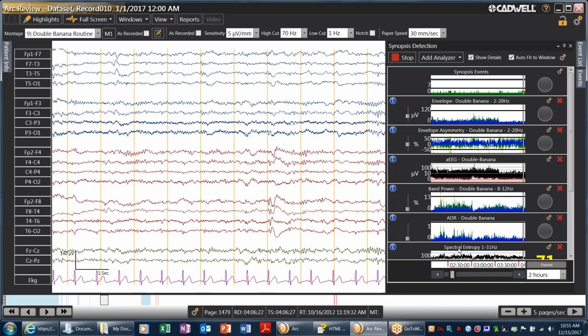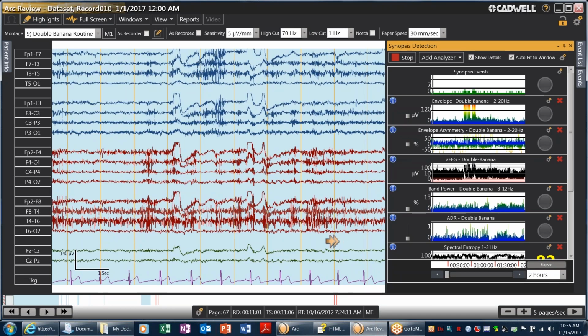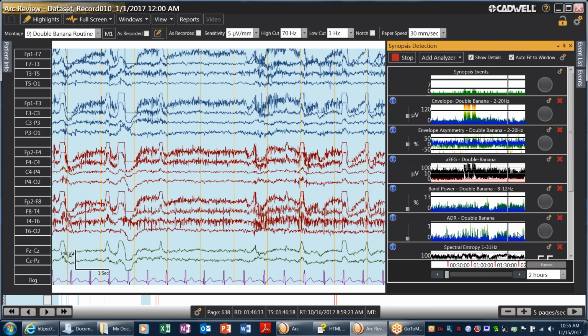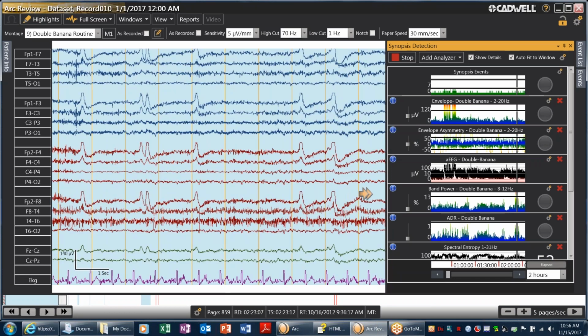So here's the seizure that we knew was in this file. What I think is interesting about this is, unlike the last file, these are a little harder to spot over here. So we're at the far edge of our window, so let's move this over a little bit and go back to our page.